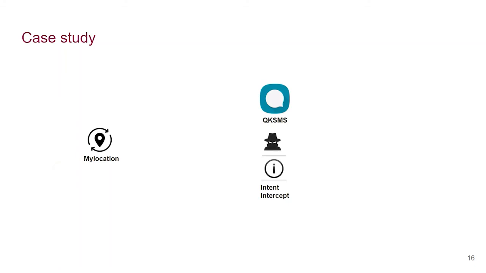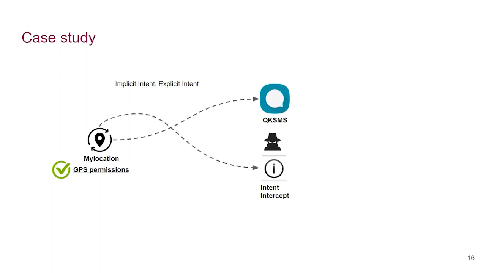Since My Location has GPS permissions, we use it to send implicit and explicit intents with GPS information to these destinations. We found that if these 2 destination apps did not have GPS permissions, that means their permission set is insufficient. So PolicyC will treat them as untrusted apps and return a polymorphic intent with encrypted data.